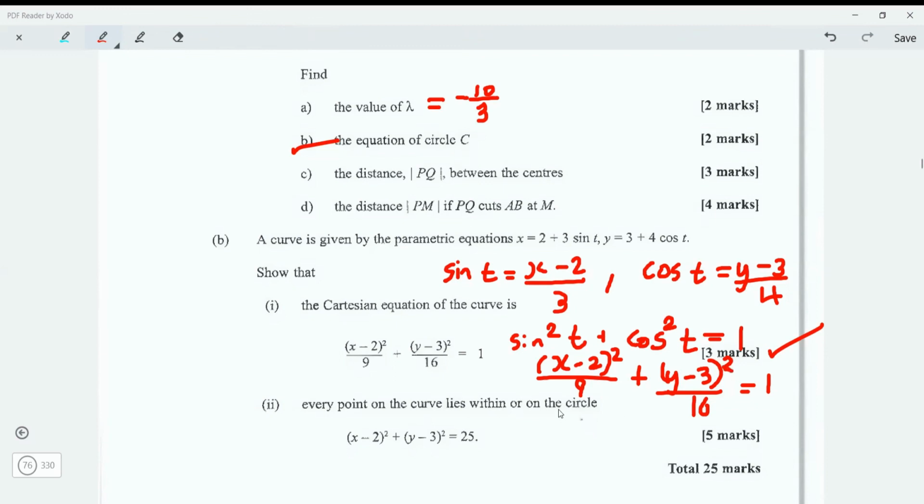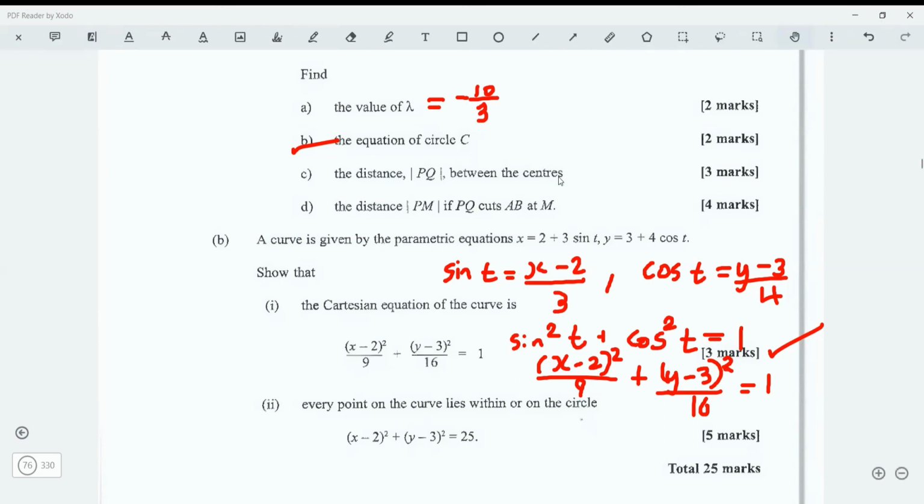Now the next part says show that every point on the curve lies within or on this circle. So to show that, let's start with what we know.